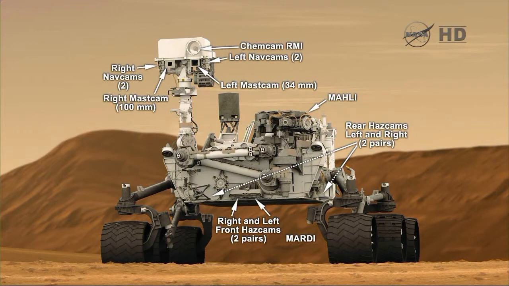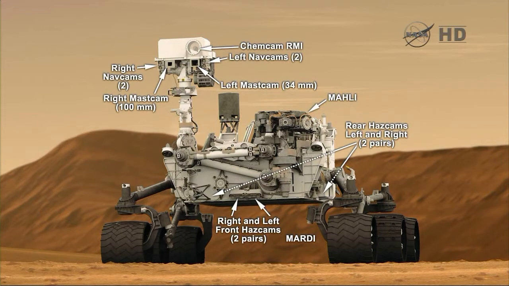So there are 2 pairs of navigation cameras. There's a single pair of mast cameras, but in fact they're really 2 different cameras. One is a 34 millimeter camera, which is very much like a 35 millimeter camera that you would normally have on your digital camera. The other is a 100 millimeter telephoto lens.